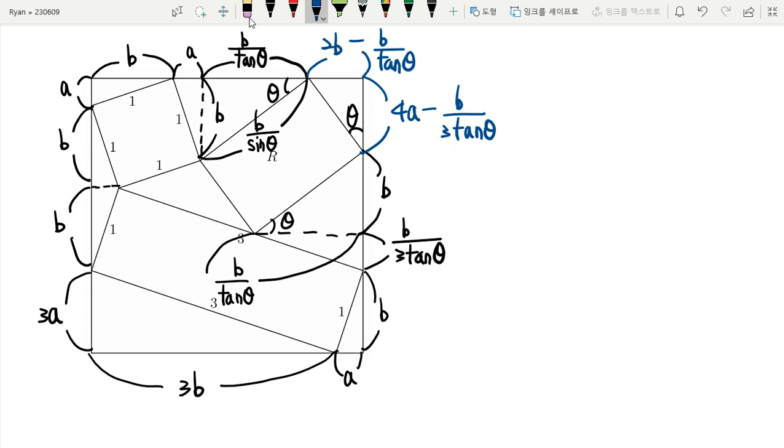That's the length of the other leg. And because the relationship between these two legs is tangent theta, if we multiply tangent theta for the vertical leg, that will make this a horizontal leg. So by doing it, we can make an equation. So let's multiply tangent theta to the vertical leg.